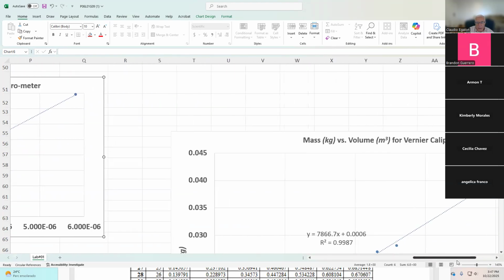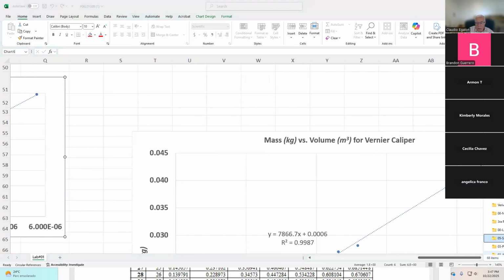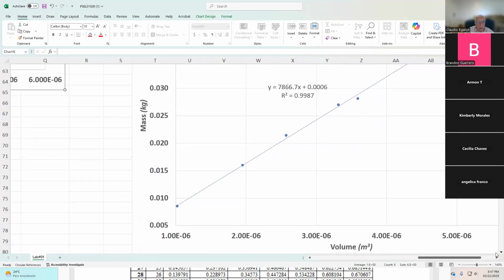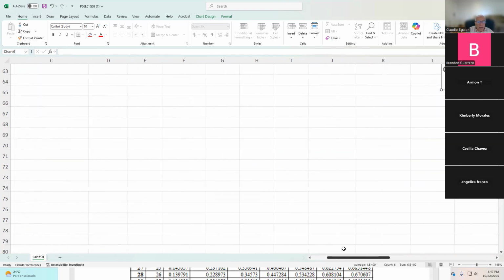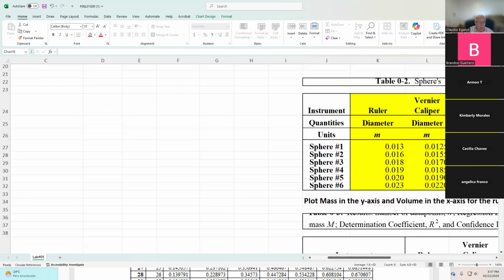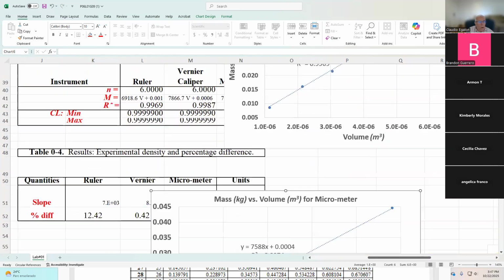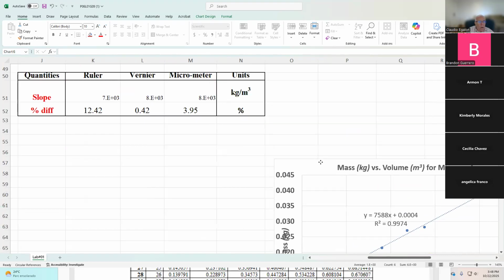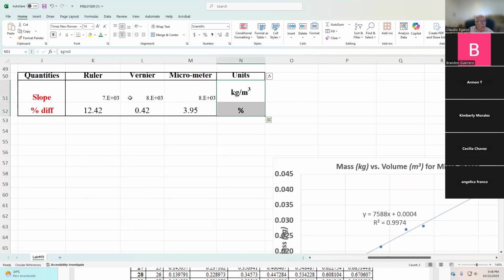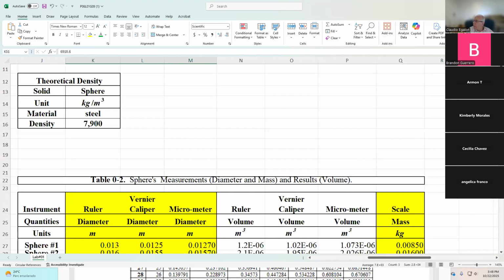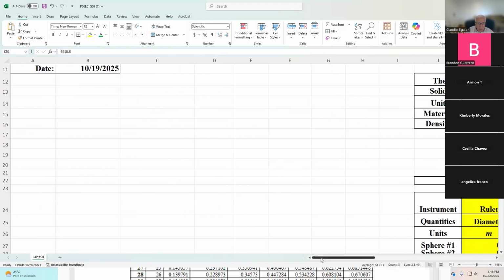And this one. Yeah, okay, that's good. Anything left here? Kilogram, okay, good. Okay. So anybody else want me to look through your spreadsheet?